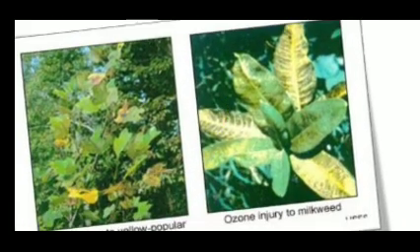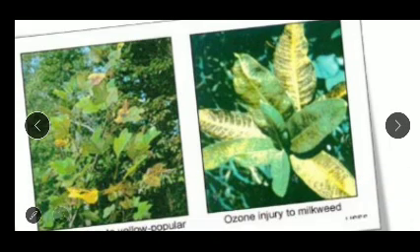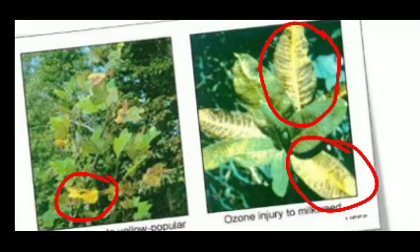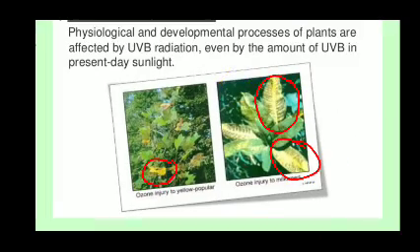When UV rays increase in the atmosphere, the plants turn yellowish. These are affected by the photosynthesis of plants.